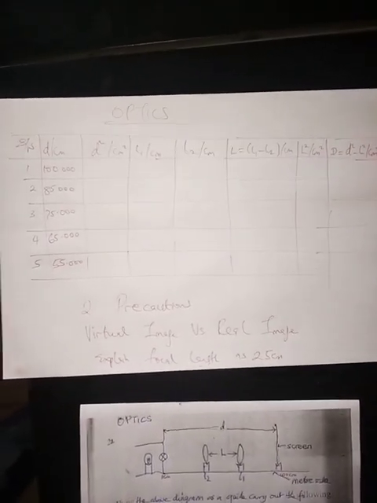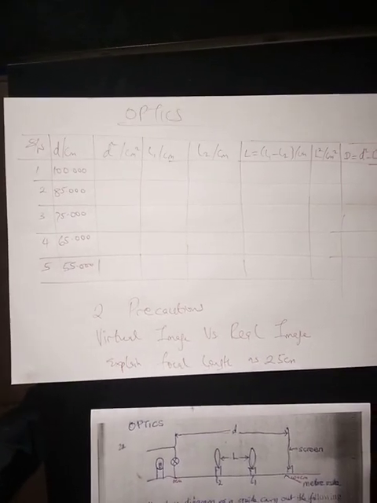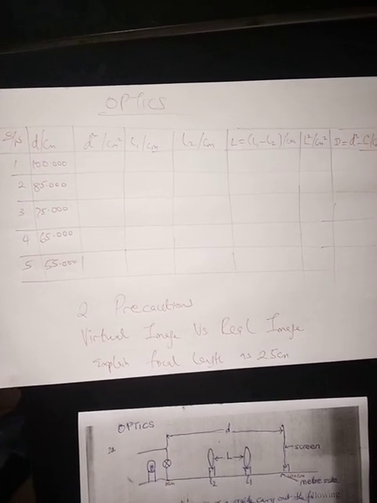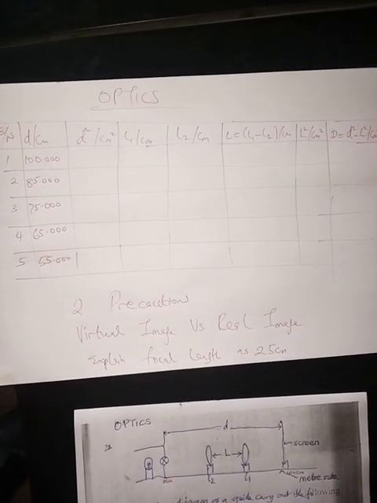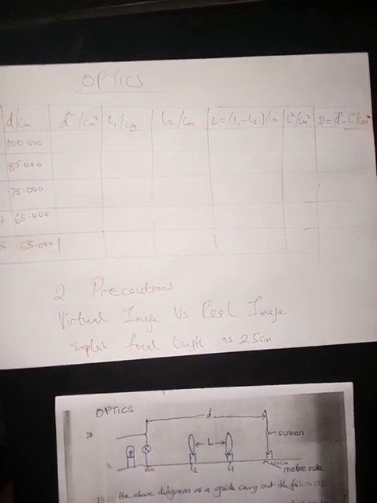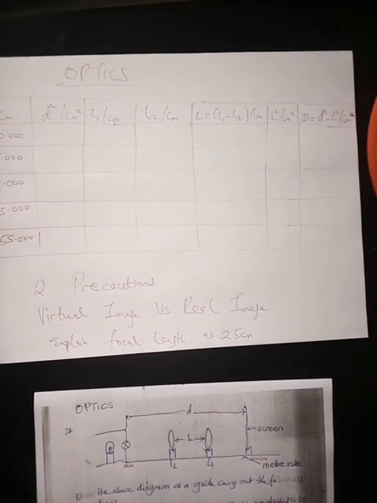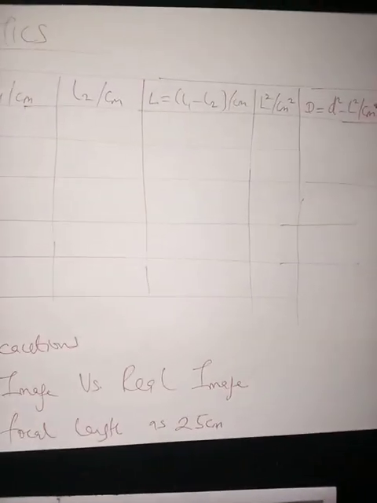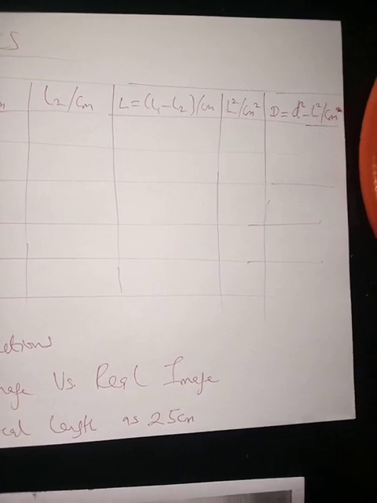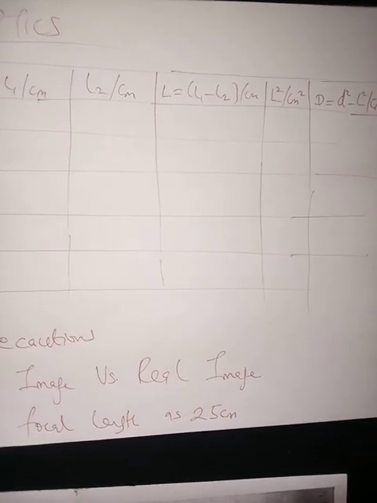You have a column for d in cm, you have d squared, you have L1, you have L2, you have L, you have L squared, you have D. D is a function of L squared, a function of D equals small d squared minus L squared.